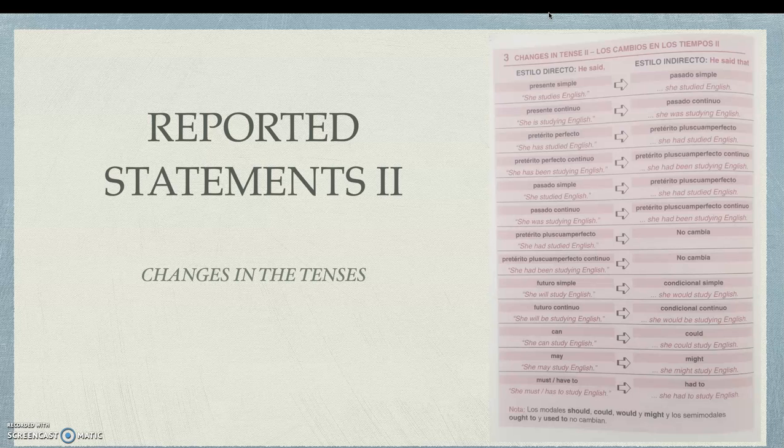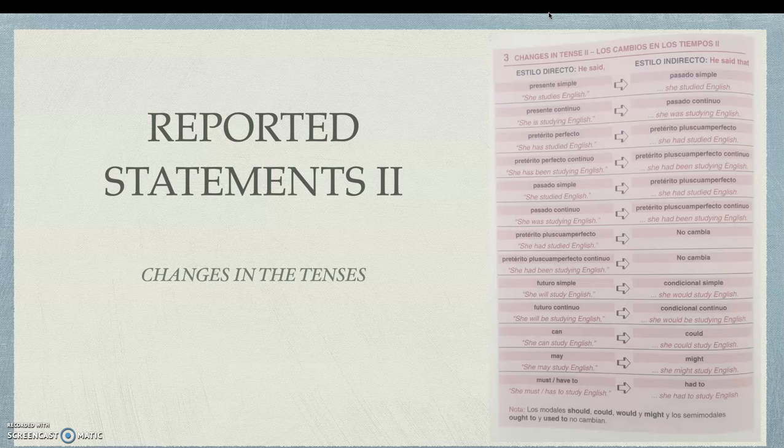Present perfect, she has studied, becomes a past perfect, she had studied English. Present perfect continuous, she has been studying, becomes she had been studying, past perfect continuous. The past simple, she studied English, becomes she had studied English.